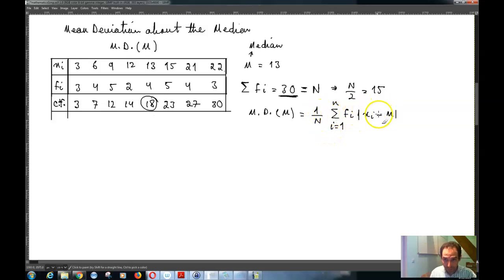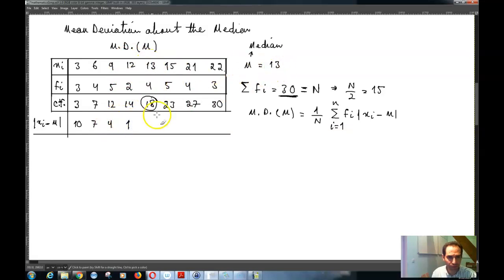So first I need to calculate the absolute value of x of i minus m, and then f of i times the absolute value of x of i minus m. So first of all, the absolute value of x of i minus m. 3 minus 13 is equal to negative 10, so that's positive 10. 6 minus 13 is equal to negative 7, positive 7. 9 minus 13 is equal to negative 4, positive 4. 12 minus 13, negative 1, positive 1. 13 minus 13 is equal to 0.